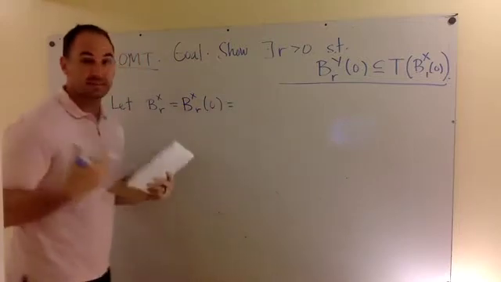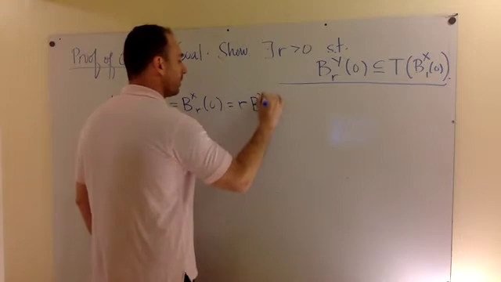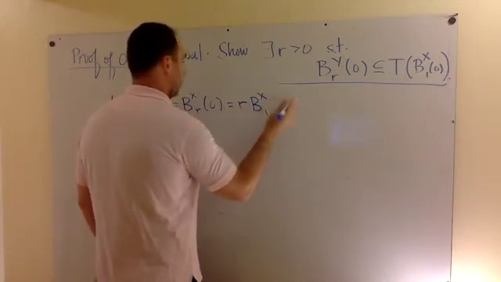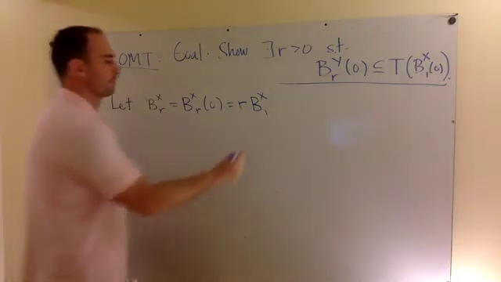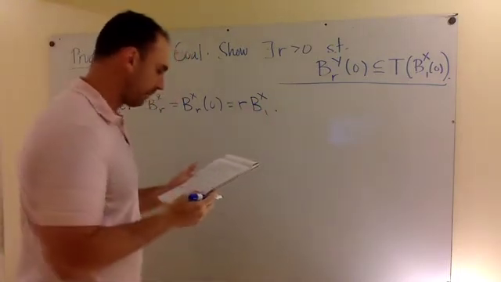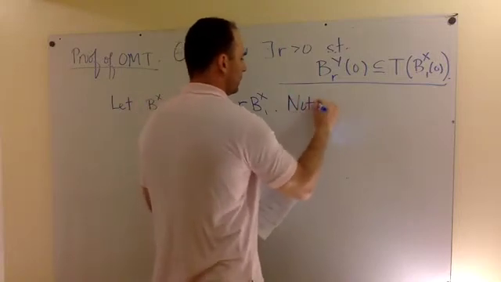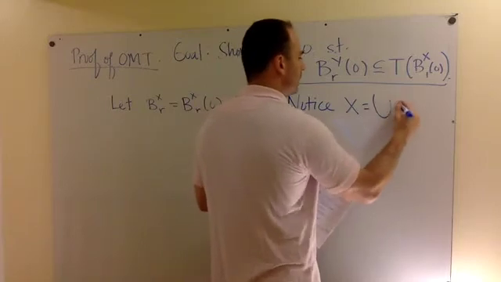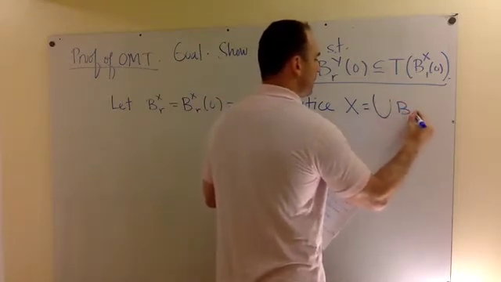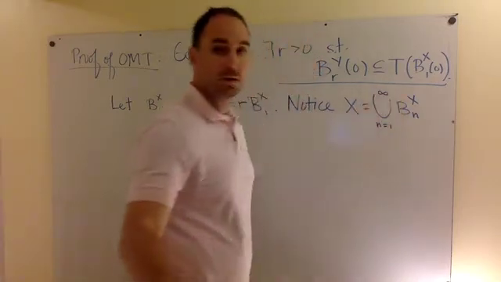And notice, just because this is a vector space, in the scaling this is equal to r B_x(1). Okay. So now notice that X is equal to the union over all these balls.